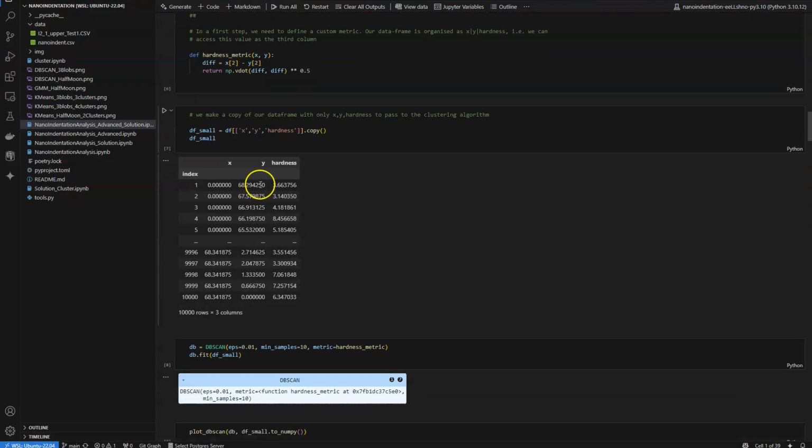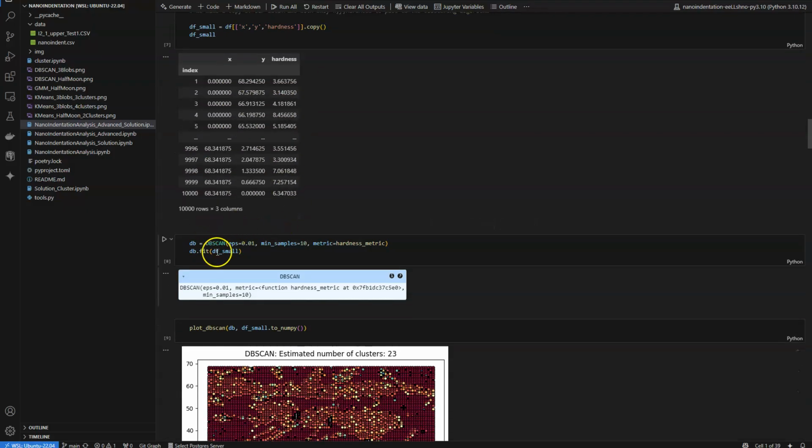So what we can do is we have our data frame of x and y position and the hardness. So this is what we measure from the nanoindentation. And then run the DBSCAN, but now we give it our hardness metric.